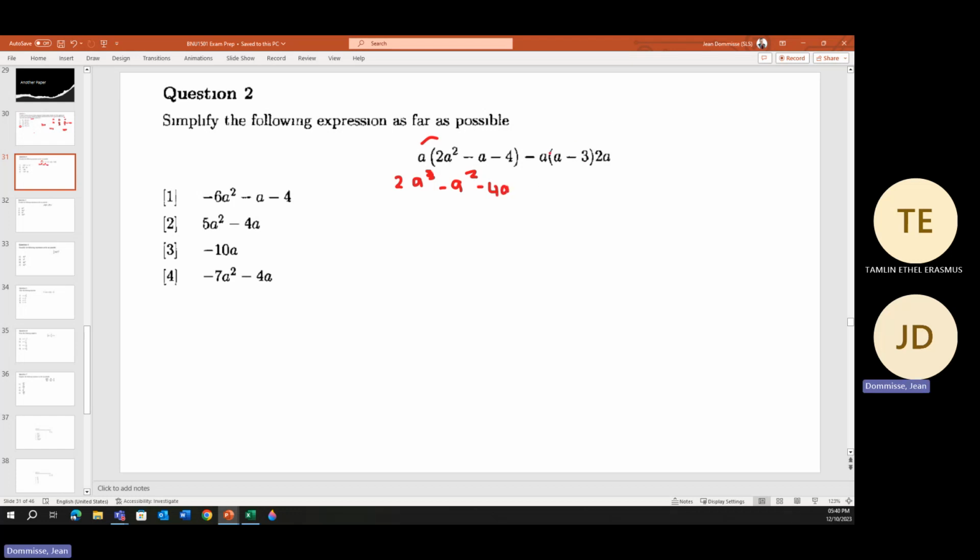And then with this one, what I would have done first is to say, let's multiply those two. So we get 2a to the power of 2, and that we will also need to multiply by what's in the brackets.